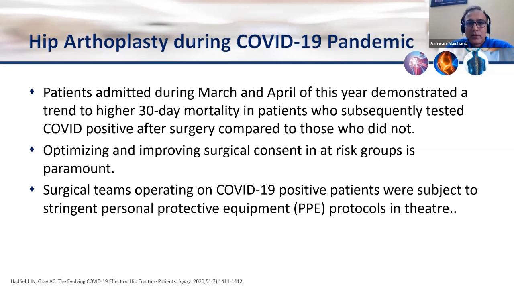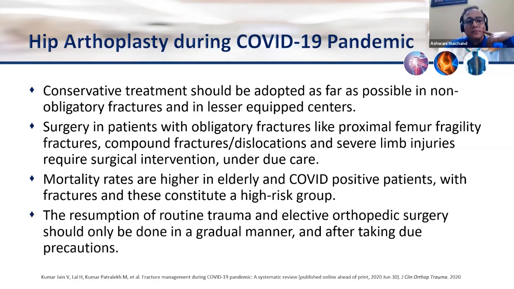So again, medical legal issues. We are not, as a rule, in our hospital at least, we are not taking COVID positive patients for elective surgeries. I think most of us are not doing that, except in emergencies. We are not taking COVID positive patients for surgery.